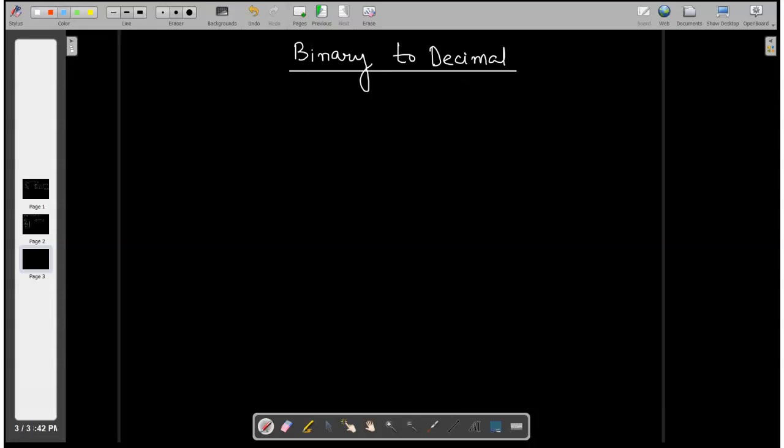Let us take a binary number. Okay, number 1101. It's a binary number. You see the base is 2. So it's a binary number. What are we going to do? We are going to convert it into a decimal number. Alright. So how we go about?